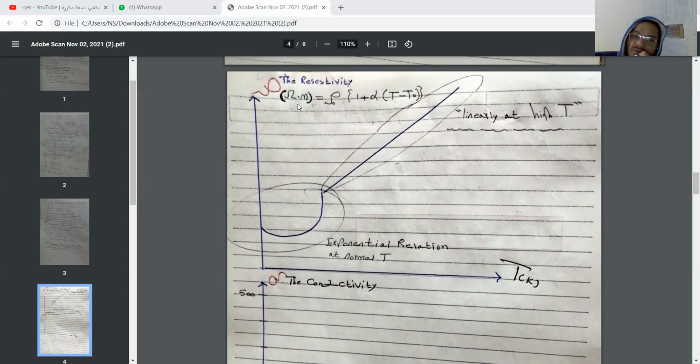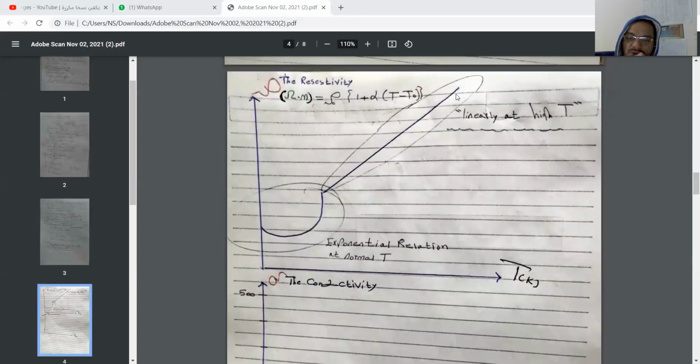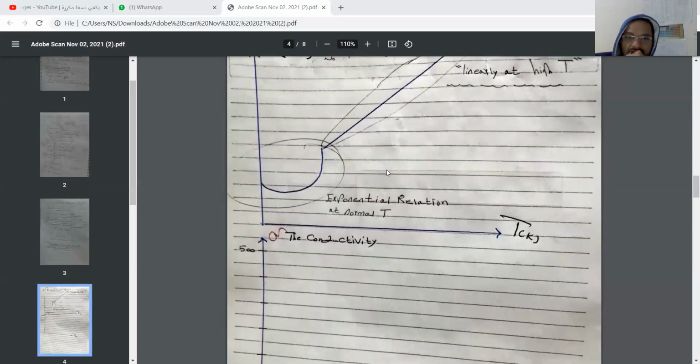That means if we increase the temperature, the resistivity increases more and more. I repeat, at high temperature the relation is linear, and at normal temperature the relation is exponential.